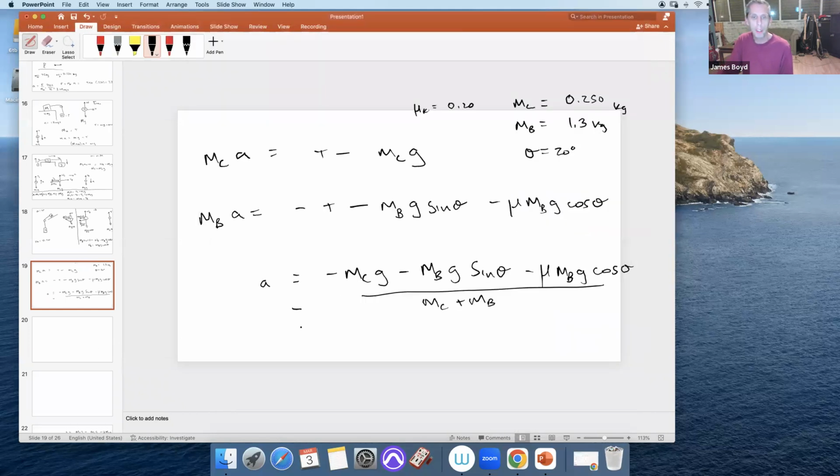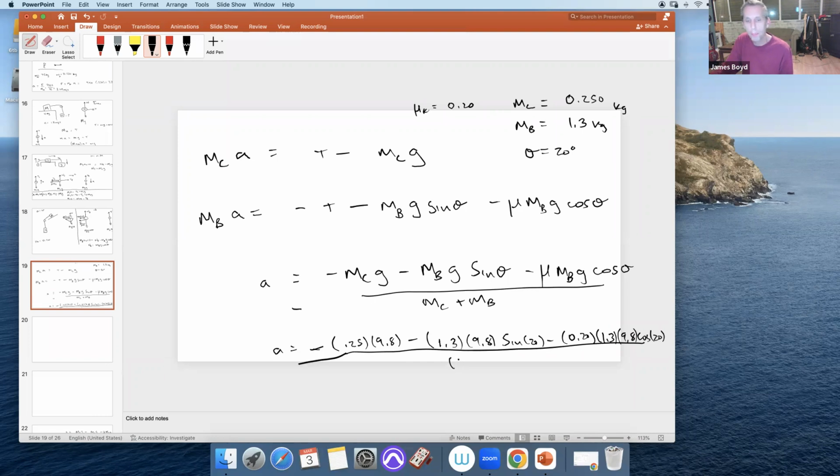All right. So having all those, I get that a is negative 0.25 times 9.8 minus 1.3 times 9.8 times sine of 20 minus 0.20 times 1.3 times 9.8 times cos of 20, all divided by 0.25 plus 1.3.